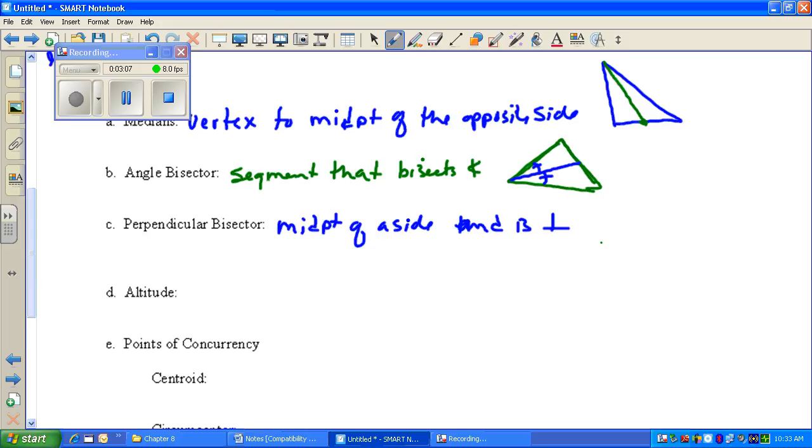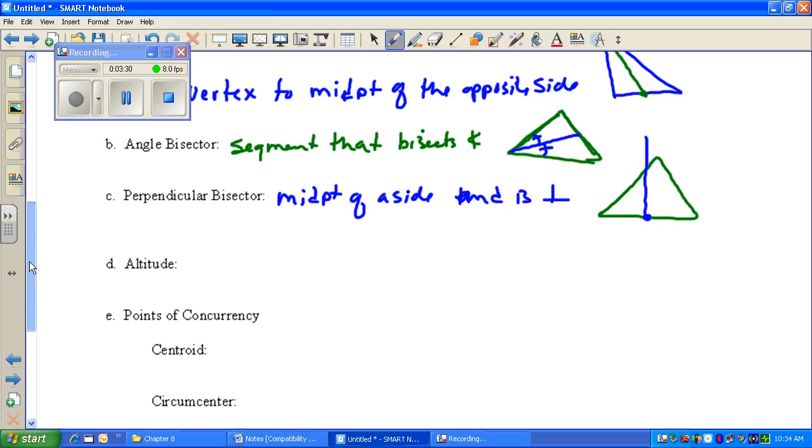Well, if I have a triangle and I take the midpoint of a side and run perpendicular, notice it doesn't go through the vertex of the side opposite. That was a median. This just goes perpendicular to the side that I'm bisecting.